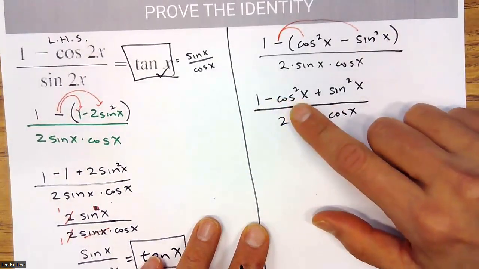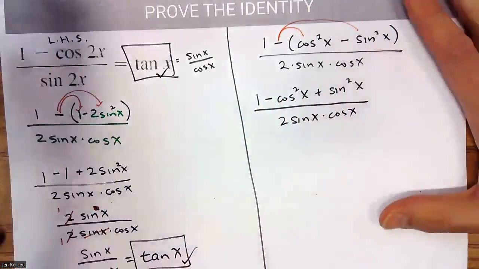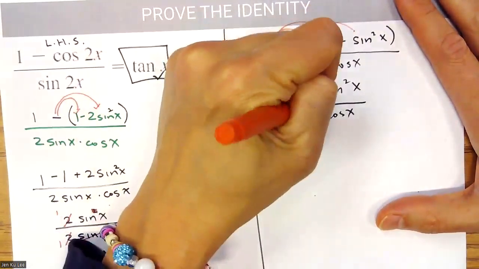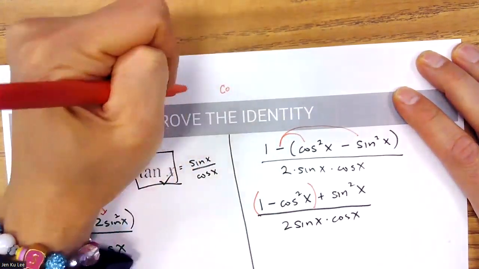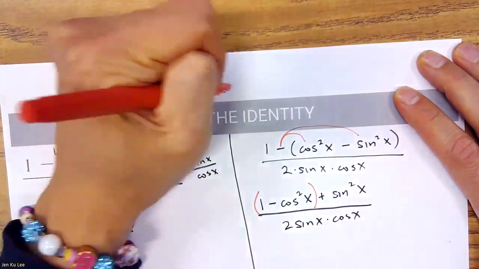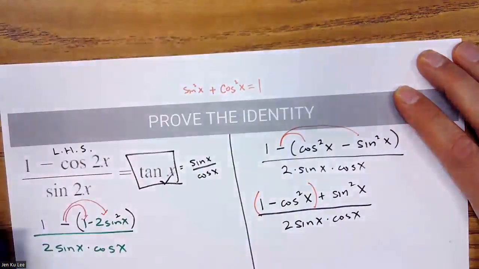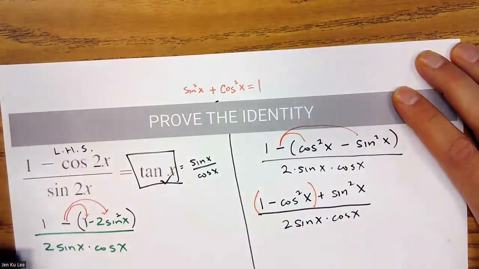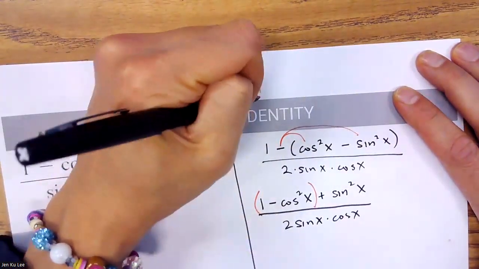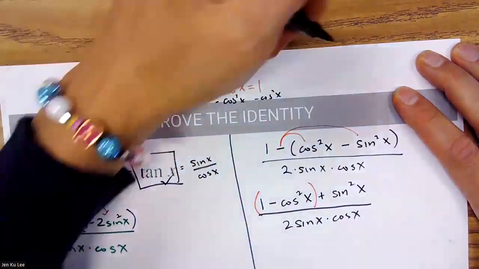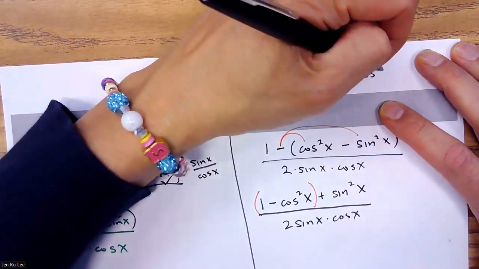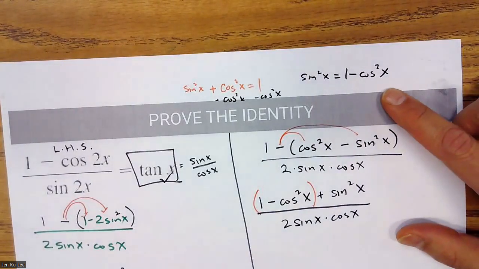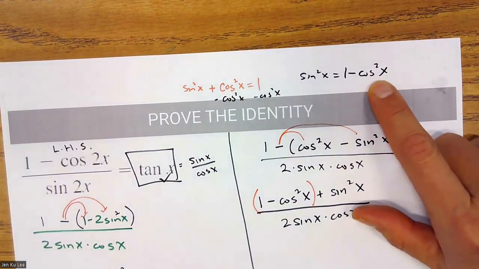Now it's 1 minus cosine squared x, correct? What is 1 minus cosine squared x? Sine squared x, right? Because sine squared x plus cosine squared x equals 1. And if I subtract cosine squared x from both sides, I get sine squared x equals 1 minus cosine squared x. Right? So this equals this.